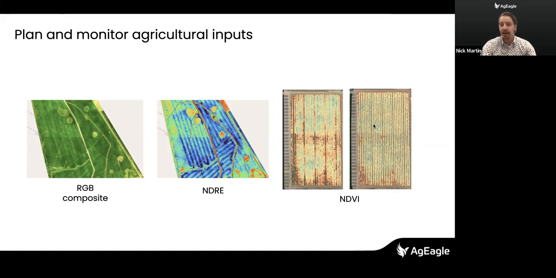So you can see there's a lot more plant vigor, there's higher chlorophyll content, and it's simply said, it's just more consistent throughout the field. So this farmer is going to have a much better yield after application, and they're going to be able to know that using a multispectral sensor.